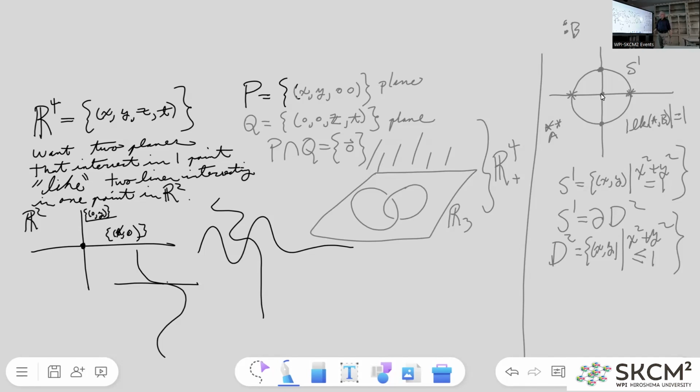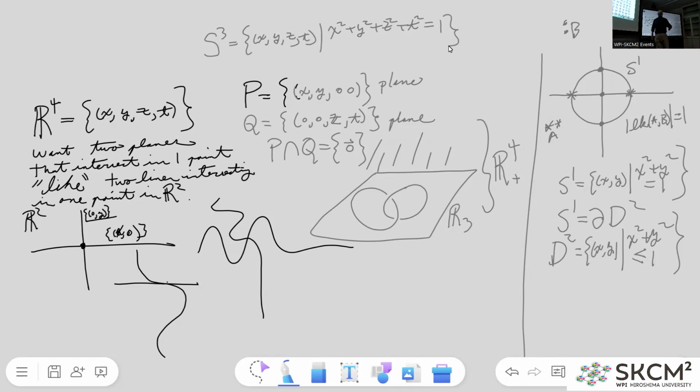But now you see what I can do dimensionally. I can say, why don't I look at the 3-sphere as the set of (x, y, z, t) such that x squared plus y squared plus z squared plus t squared is equal to 1, right?